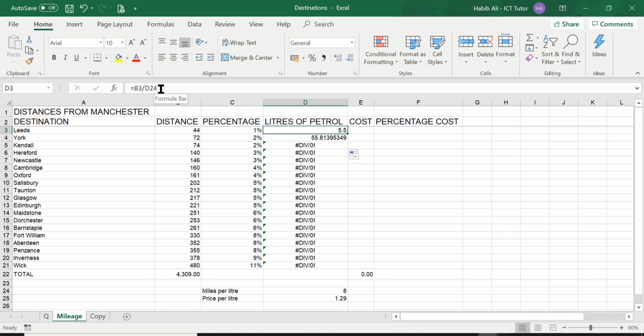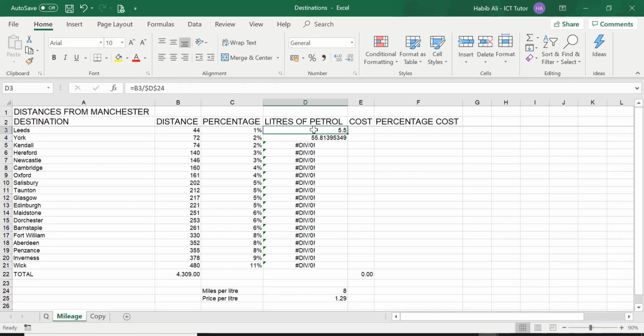To make it an absolute reference, all you do is type in a $ sign before the column D and a $ sign before the row number 24, like so. And just by doing that, you have made D24 in this formula an absolute reference. So if I was to replicate it now, this D24 in the formula will not change. Let's have a look.